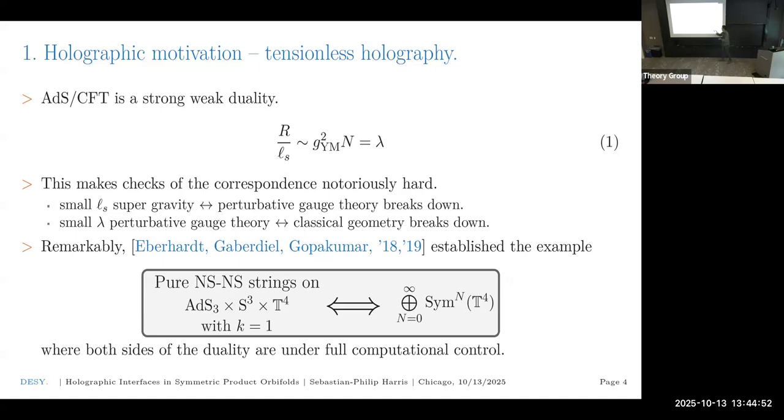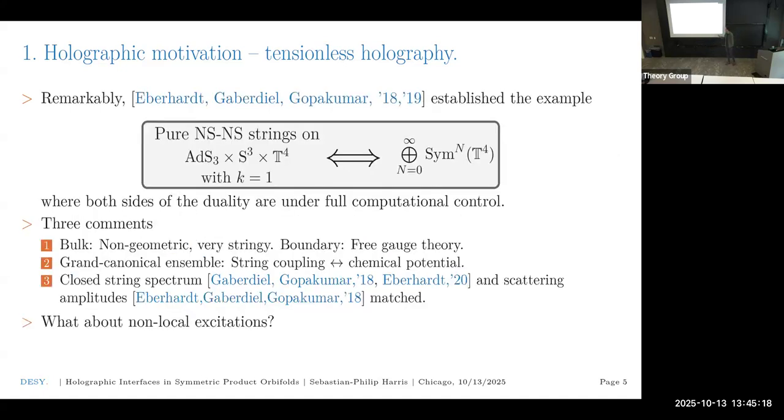And I guess many of you will probably also be familiar with this, perhaps from interactions with Andrea, who has also significantly contributed to our understanding of this duality. And it involves strings on AdS3 S3 T4 with the minimal amount of pure NS flux in the bulk, and a grand canonical ensemble of symmetric product orbifolds on the boundary.